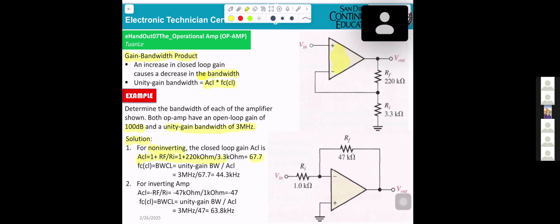FC equals unity gain bandwidth divided by ACL. That means 3 megahertz divided by the gain gives you 44.3 kilohertz.